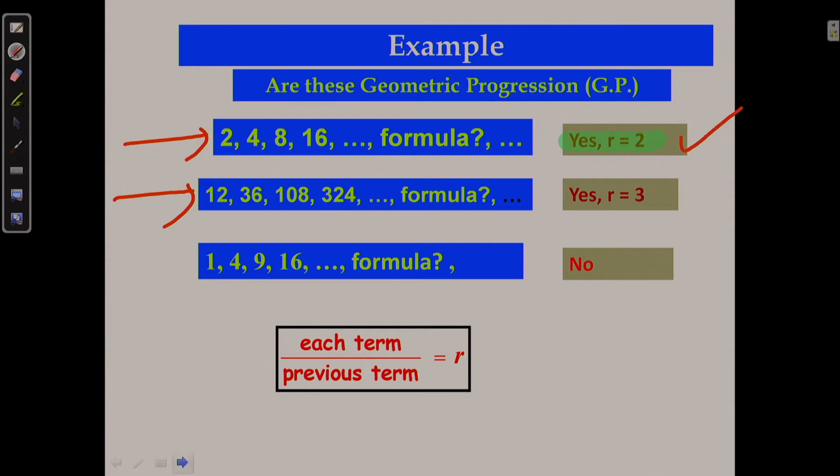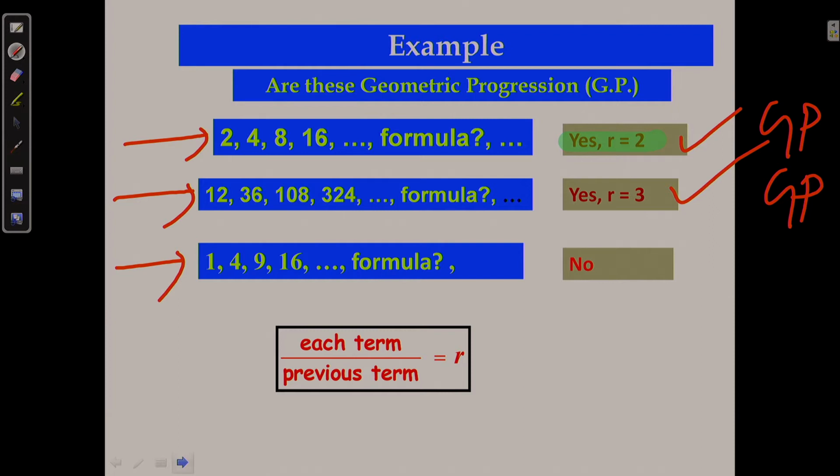So we can say the first case and second case are both geometric progressions. Let us observe the third case. 4 divided by 1 is 4, 9 divided by 4 gives 2 point something, and 16 by 9 gives 1 point something.